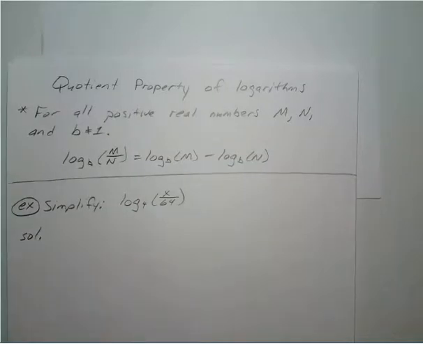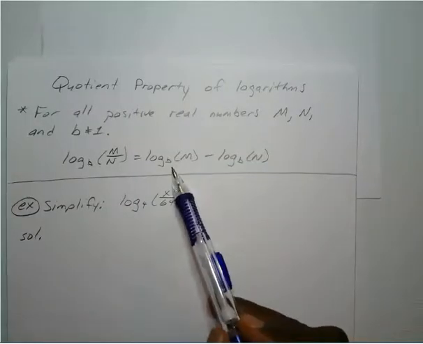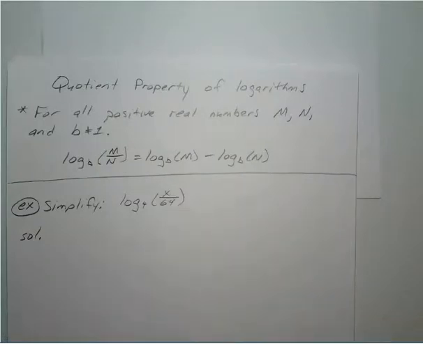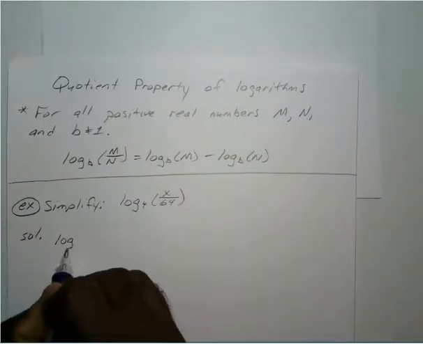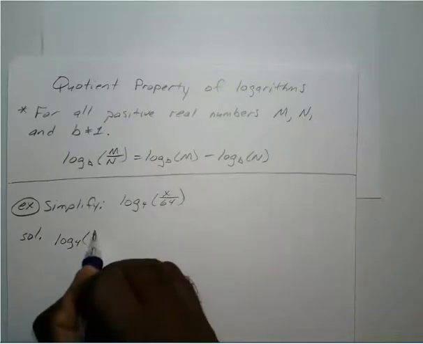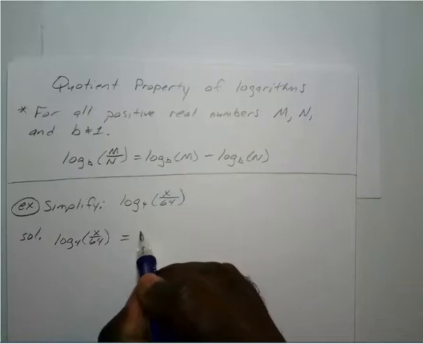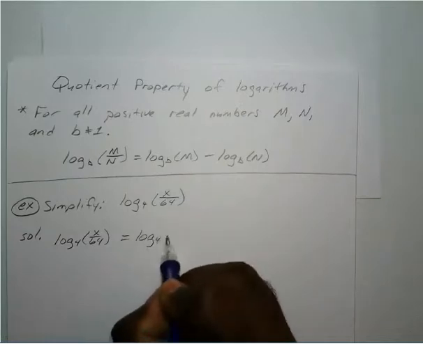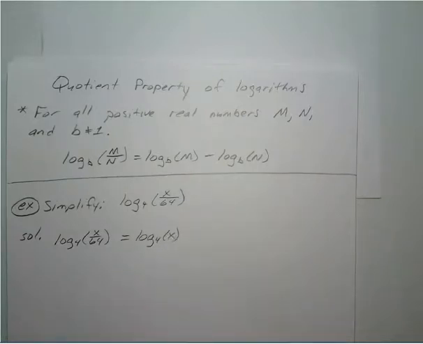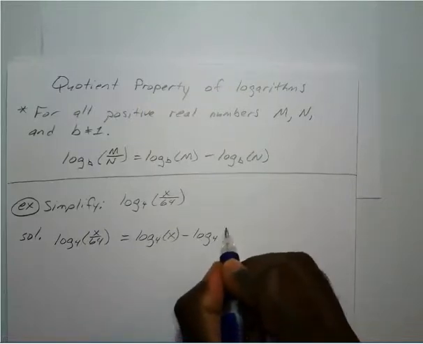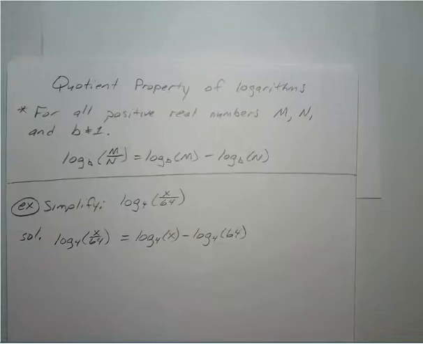Solving that one, we're going to use our quotient property because we have a quotient. So log base 4 of x over 64 is going to equal log base 4 of our numerator, which is x, minus log base 4 of our denominator, which is 64.